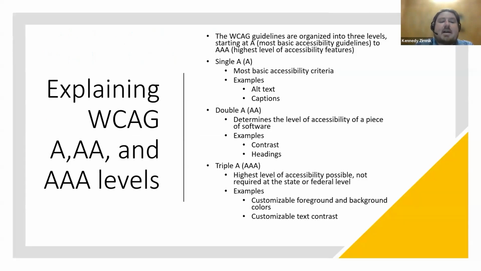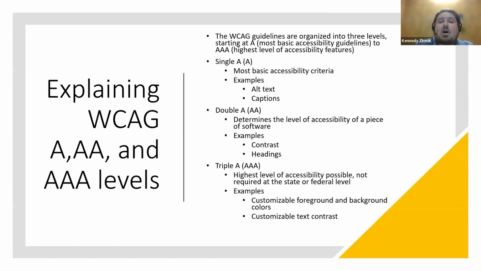Okay, so explaining WCAG single A, AA, and AAA levels. The WCAG guidelines are organized into 3 levels, starting at single A, most basic accessibility guidelines, to AAA, highest level of accessibility features. Single A is written as a capital A, most basic accessibility criteria.